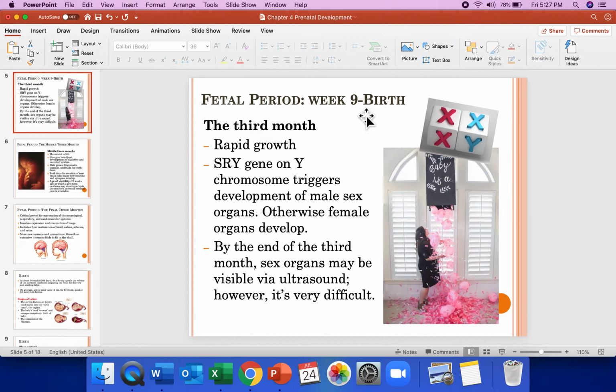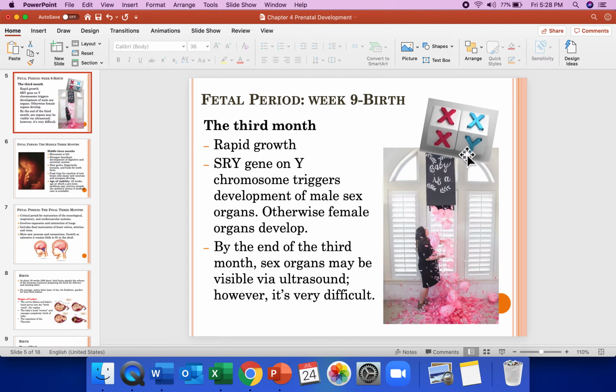But around week 9 is when the gene SRY, which is only found on the Y chromosome, is going to trigger the development of the tissue that will become the sex organs of a male. So if the Y is not present and it's an XX, then the fetus will continue to develop female organs.